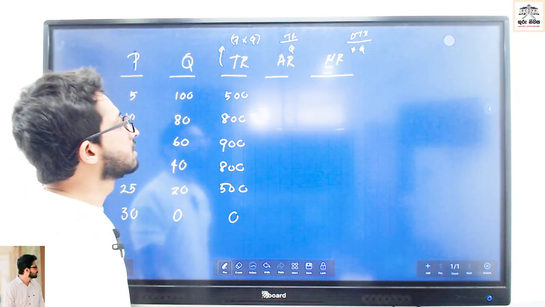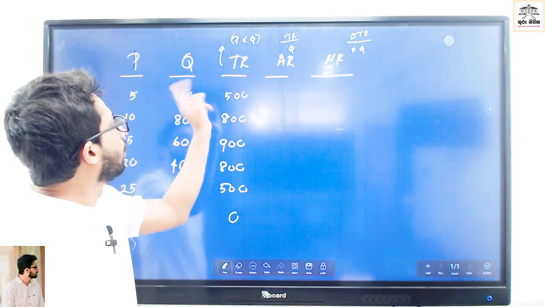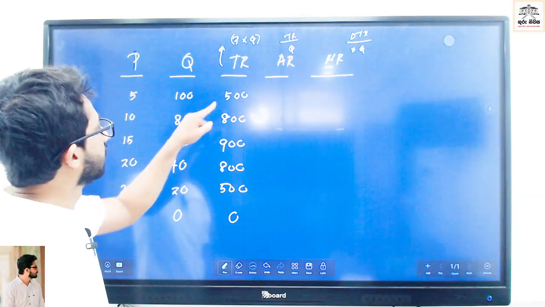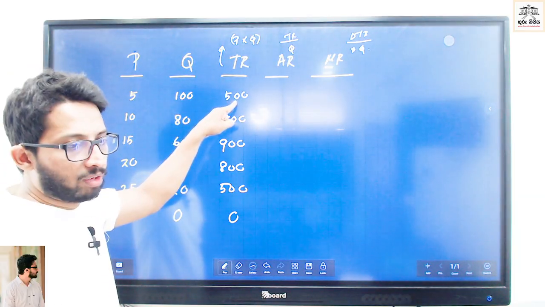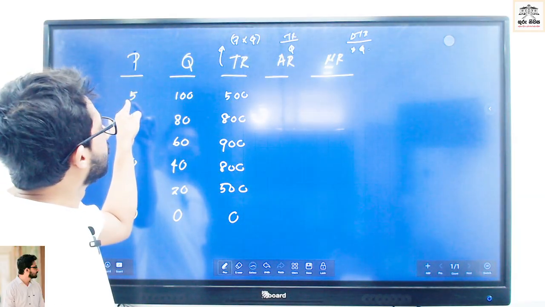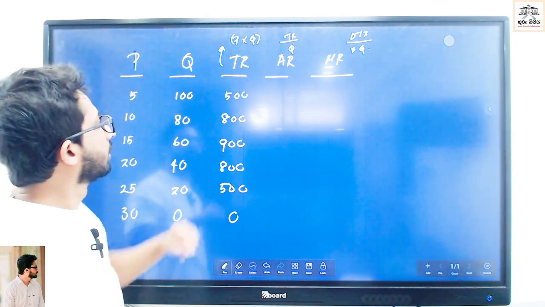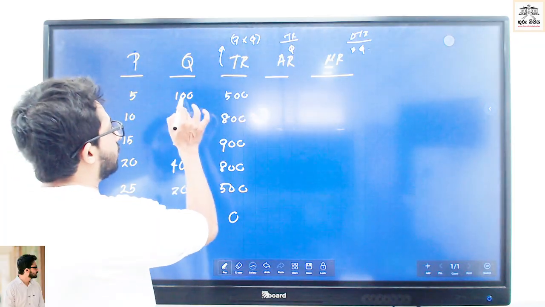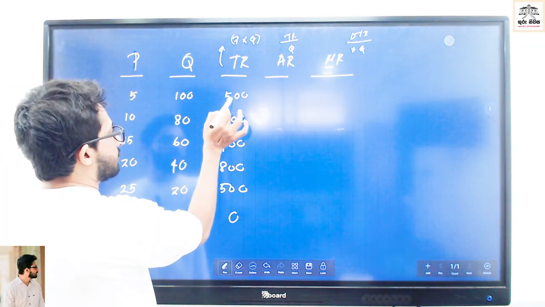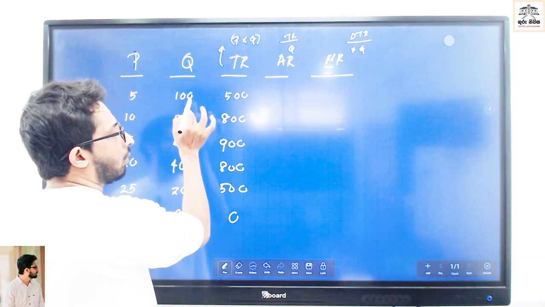Average revenue equals total revenue over quantity. Here total revenue 500 over quantity, it means 500 over 100.